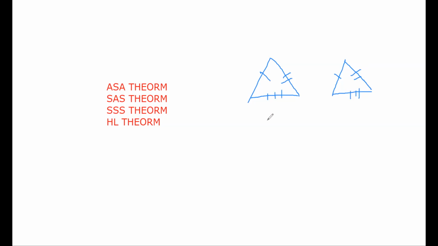One might ask me, teacher, is there an AAA theorem? Actually, no. Why? Because if the 3 angles are congruent, this doesn't mean that the 2 triangles are congruent. Let me explain. What if I have a big triangle like this? For example, this side was 4 centimeters, this was 5, and this was 6.